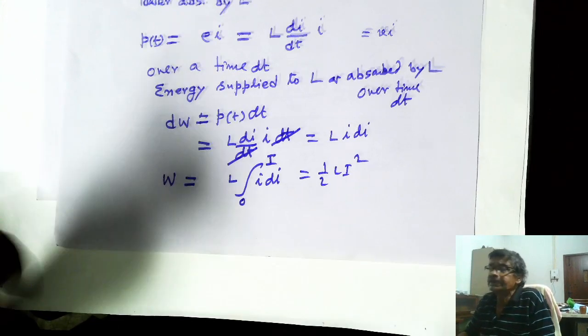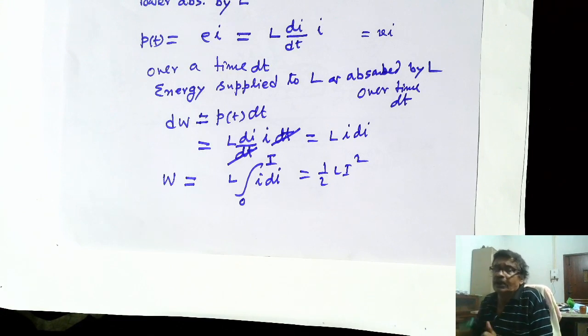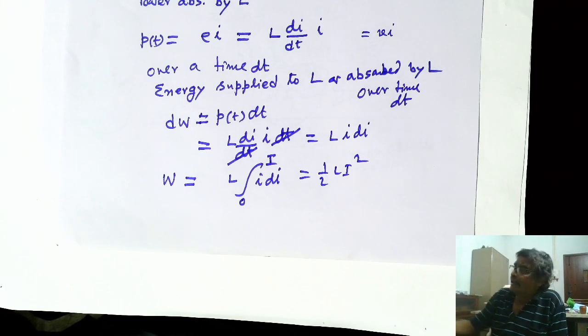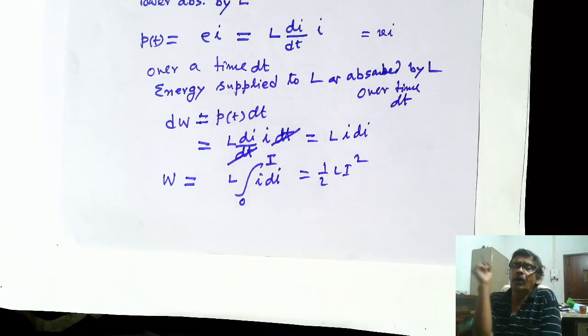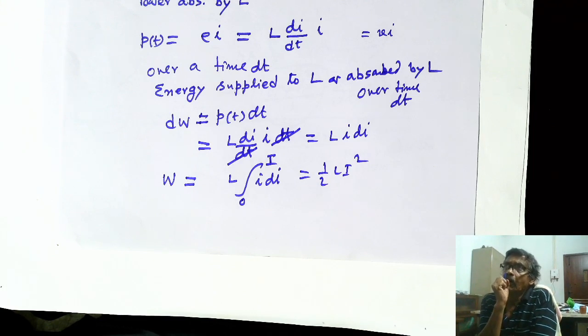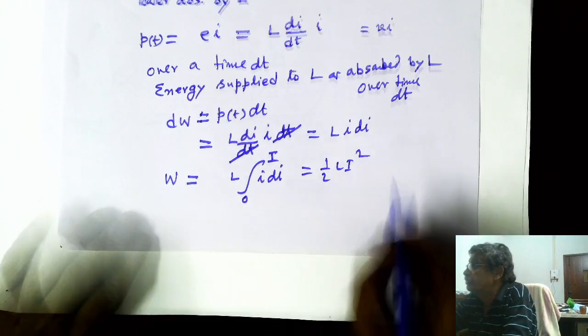Now this expression is very fabulous in the sense that at any given instant of time, if you know how much current is carried by the inductor, you know right now what is the energy stored in the inductor. This is in joules, mind you.